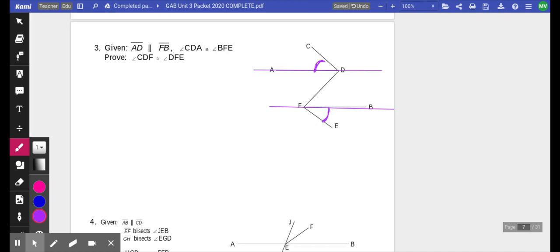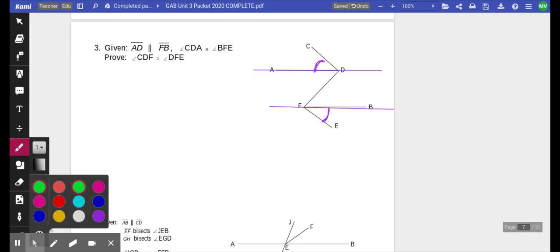And what I'm trying to get is the larger angle CDF. So what I'm trying to get is that this larger angle CDF is congruent to this larger angle DFE. Well, if I look at that, I hope you notice they're both partially on this transversal DF.